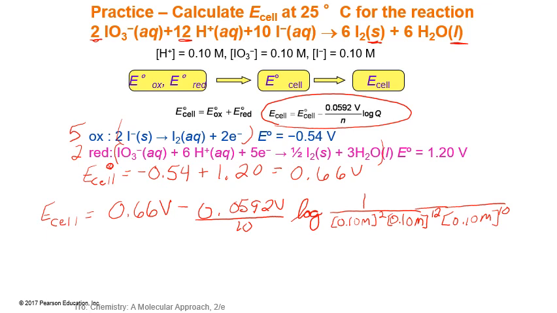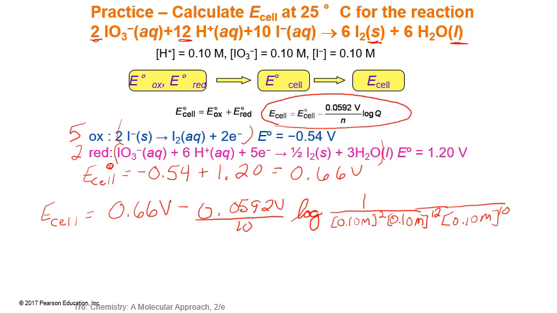Right? If we solve this equation, the 0.1 squared, 0.1 to the 12th, 0.1 to the 10th, that is 0.1 to the 24th. 1 over that is 10 to the negative 24th.